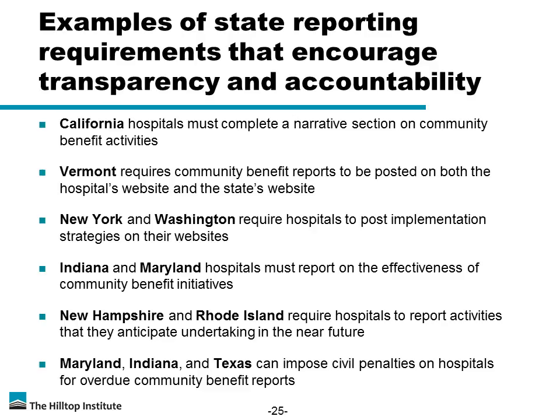Indiana and Maryland hospitals must report on the effectiveness of community benefit initiatives. New Hampshire and Rhode Island require hospitals to report activities that they anticipate undertaking in the near future, so a little bit into the planning. And then Maryland, Indiana, and Texas can impose civil penalties on hospitals for overdue community benefit reports. Next slide, please.